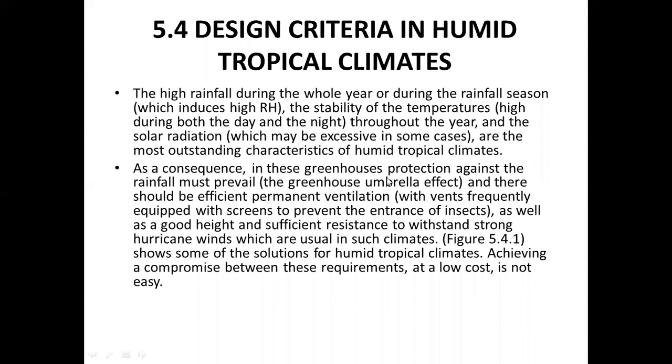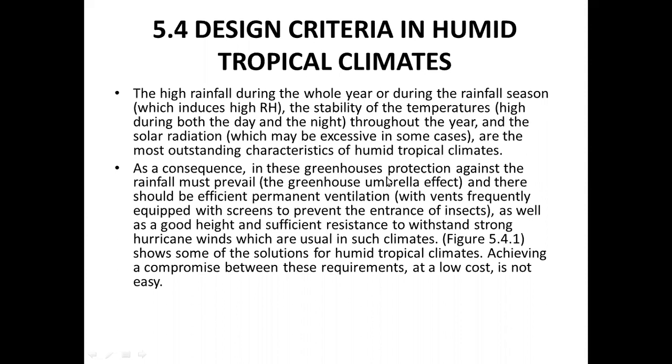So for the humid tropical climates, they have said that there is rainfall the whole year due to the humid climate, and solar radiation, or solar access, is hard to find for the plants or for the greenhouse.